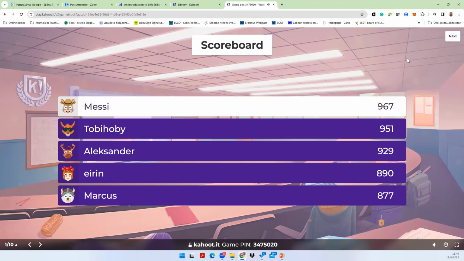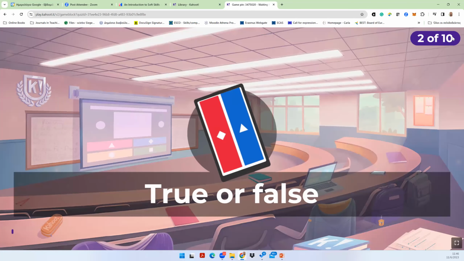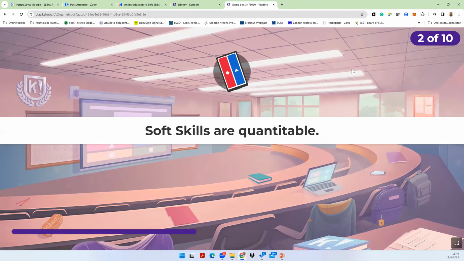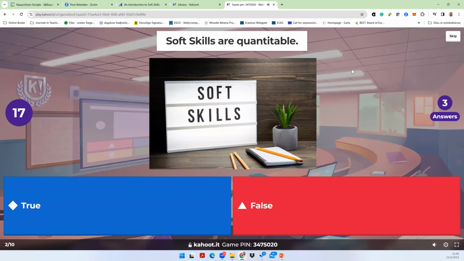Okay, let's see who is the first one. Messi, the name satisfies the reputation. Okay, let's move on. Next, true or false? Soft skills is something that we can quantify. It's something that we can develop, but I don't know if we can quantify.